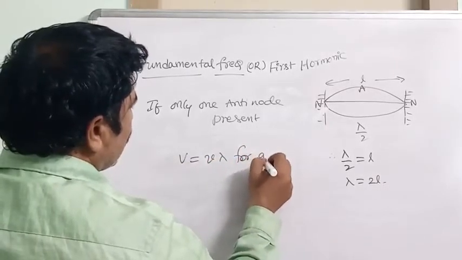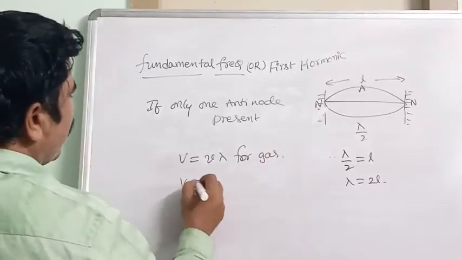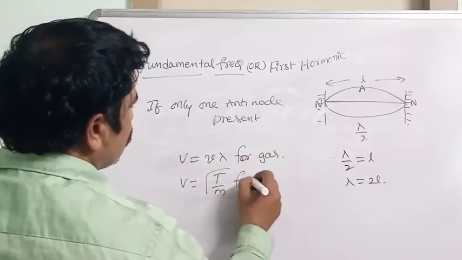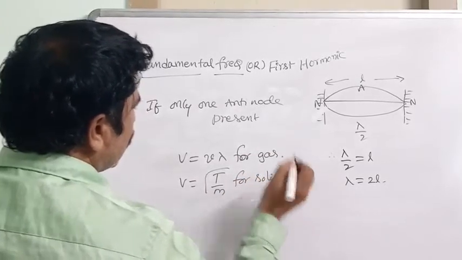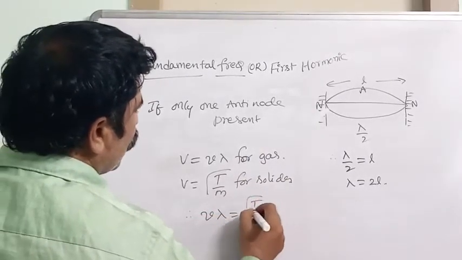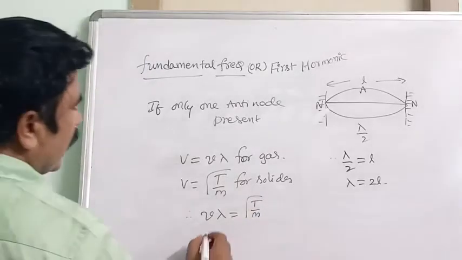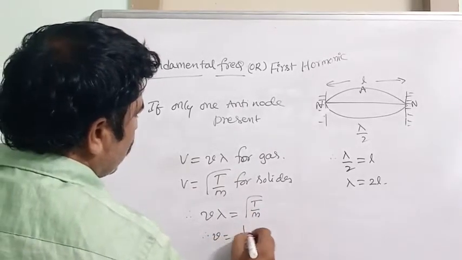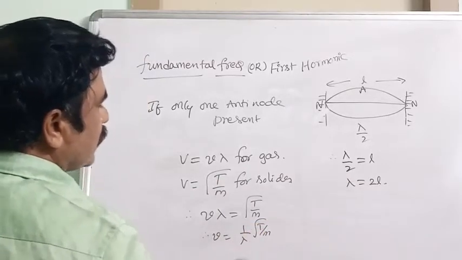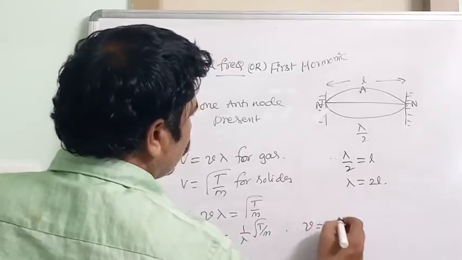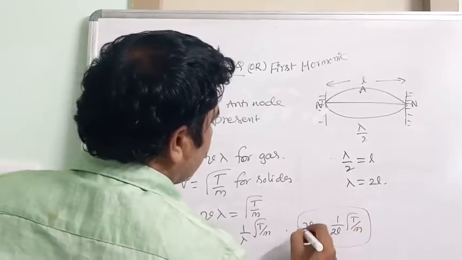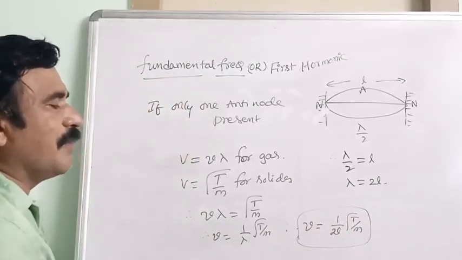For a string, V equals root T by M. Equating them, nu lambda equals root T by M, so nu equals 1 by lambda into root T by M. Substituting lambda, nu equals 1 by 2L into root T by M. This is the formula for the first harmonic frequency.